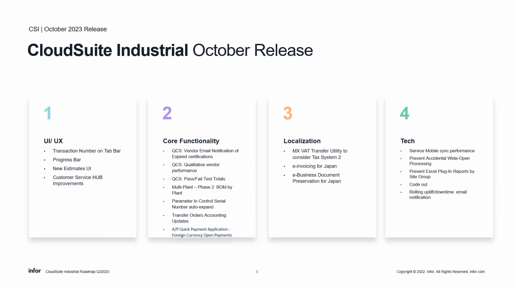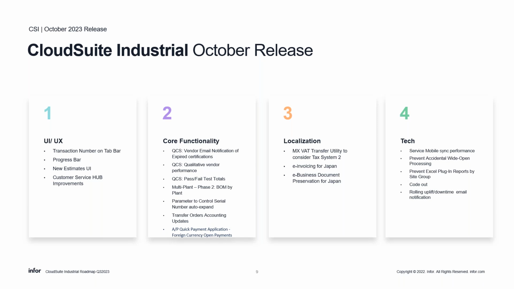Because this is such a widespread effort at Infor, you will also get a lot more formal communications in the next couple of months about what is expected to come out through October, a lot of detailed training, enablement, and additional specifics on each of the functions.